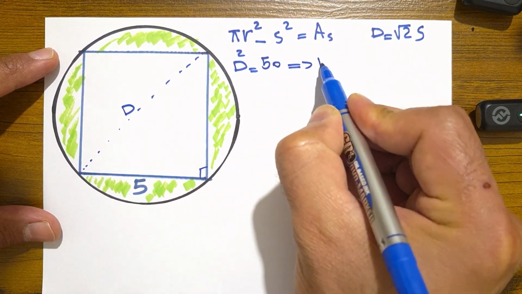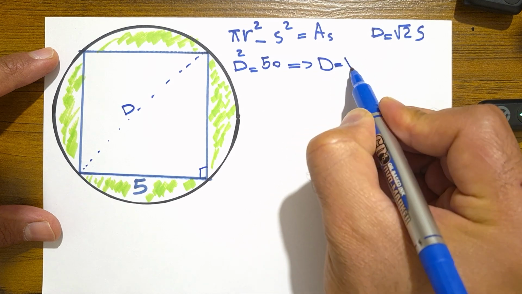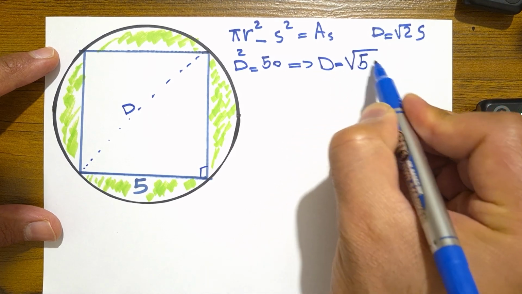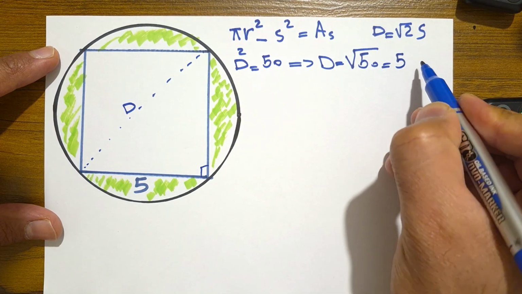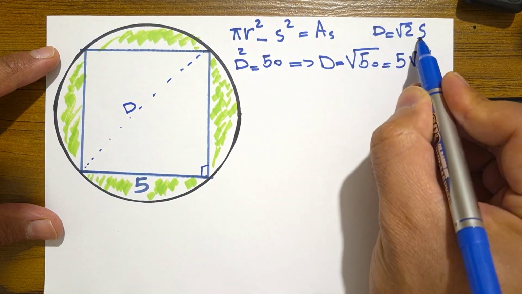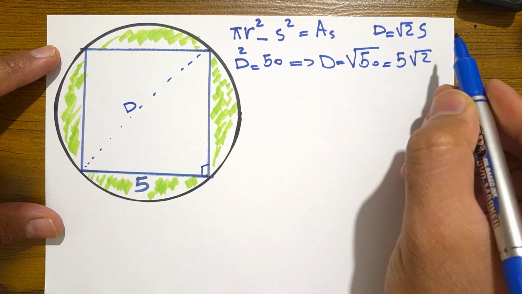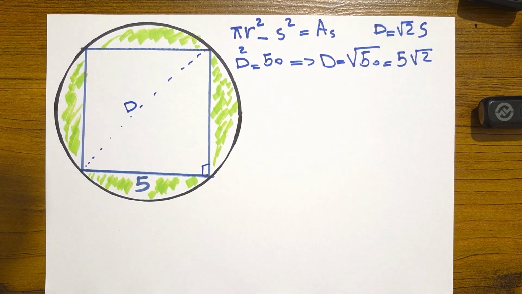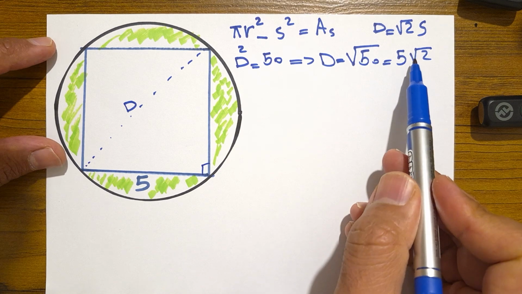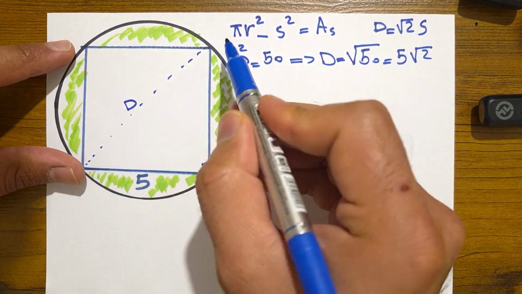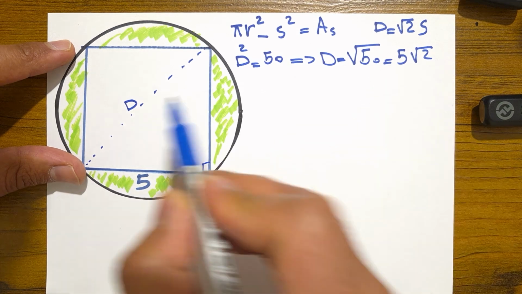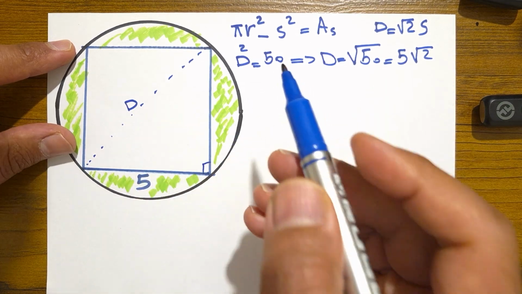In other words, D equals square root of 50, or 25 times 2, which is 5 square root of 2. So that's the same thing as I told you before. But for those of you who want it step by step, that's how we reached 5 square root of 2. So this is the diameter, right? We need to divide it by 2 to make it the radius.